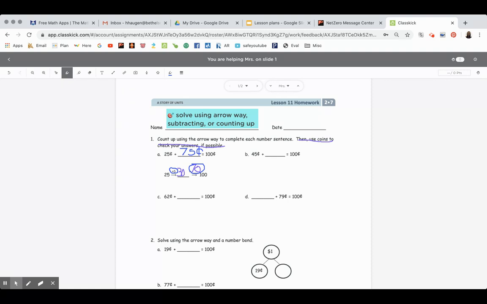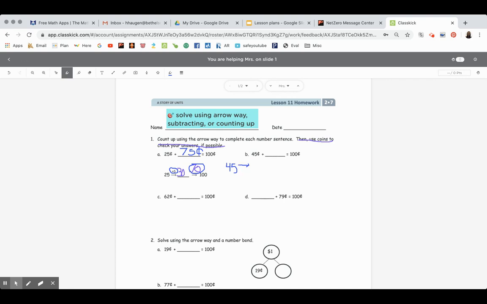They want us to start at 45 and count up to get to 100. There's a few ways we can do this. If we start at 45, I'm going to start way over here to give me some room. We can do some skip counting to get us all the way to 100. So I am going to do a big skip count.